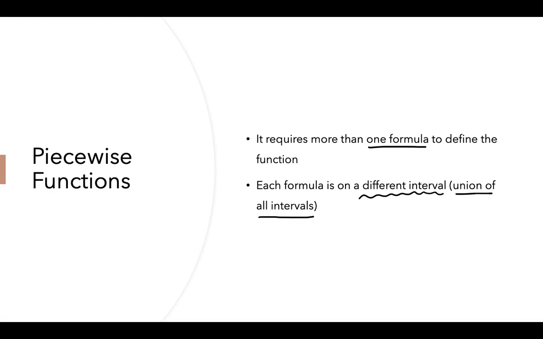For example, a piecewise function is represented with f of x equal to a big squiggly bracket, and you represent, for example, x minus 2, x plus 4, or x squared minus 7. And then you represent all three different formulas based on domain. Keep in mind that they have to share the same domain boundary in order to be a piecewise function.